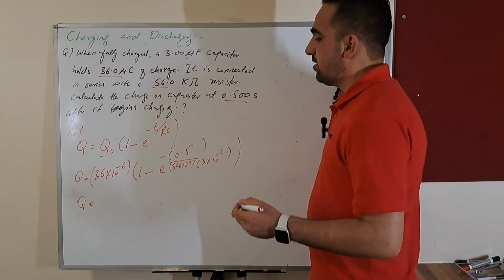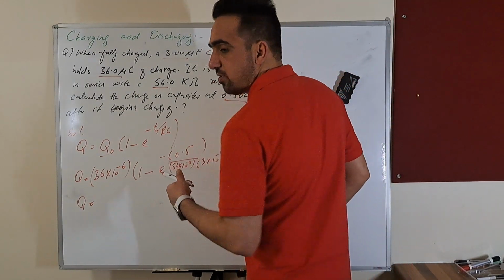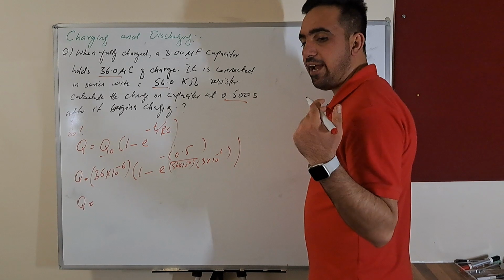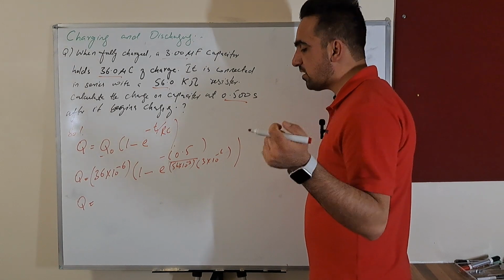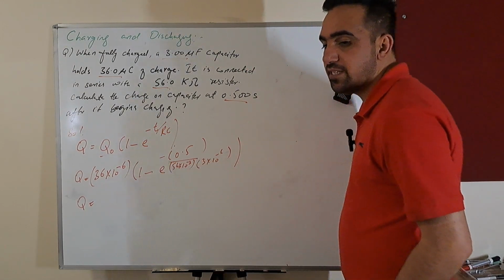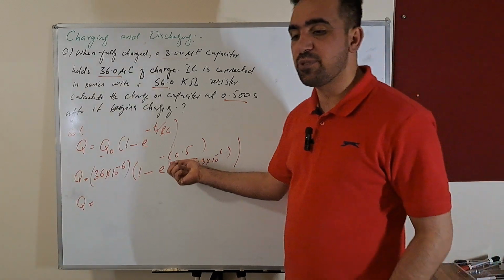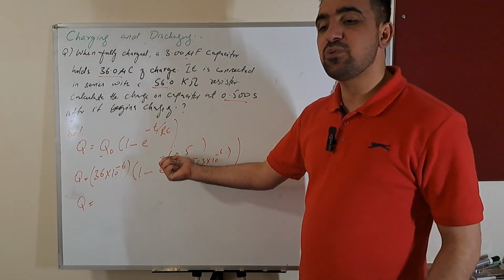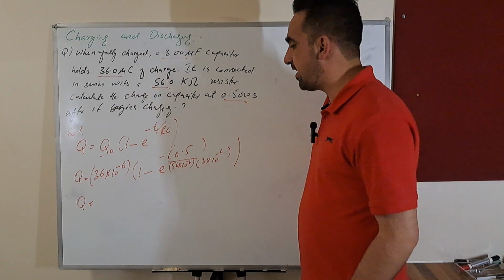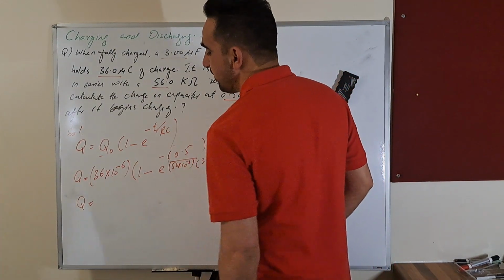Yeah. You can find the exponential in the calculator. If you click on shift and press the natural log ln, you will find the exponent, or otherwise it is usually written in the form of e to the power x. And then multiply it with 36.